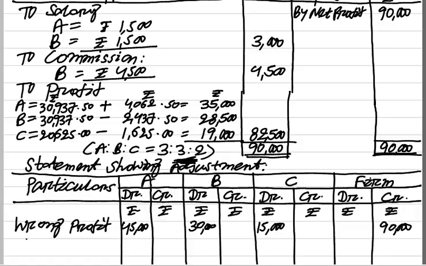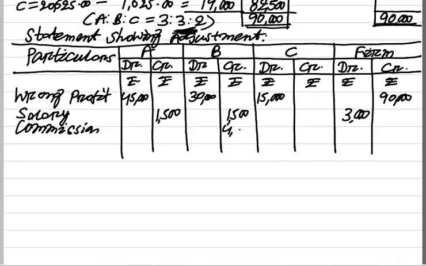Then salary, 1500 for A and 1500 for B, credit, and for the firm this is debit 3,000. Commission for B only, nothing for C, that is 4,500, and for the firm it is debit 4,500.